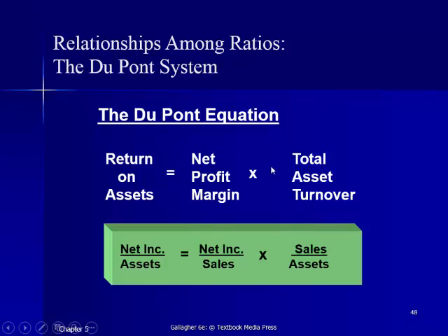And when those two numbers are multiplied together, the grocery store too may have a reasonable return on its assets. The jewelry store and the grocery store get to that return on assets figure in two very different ways.